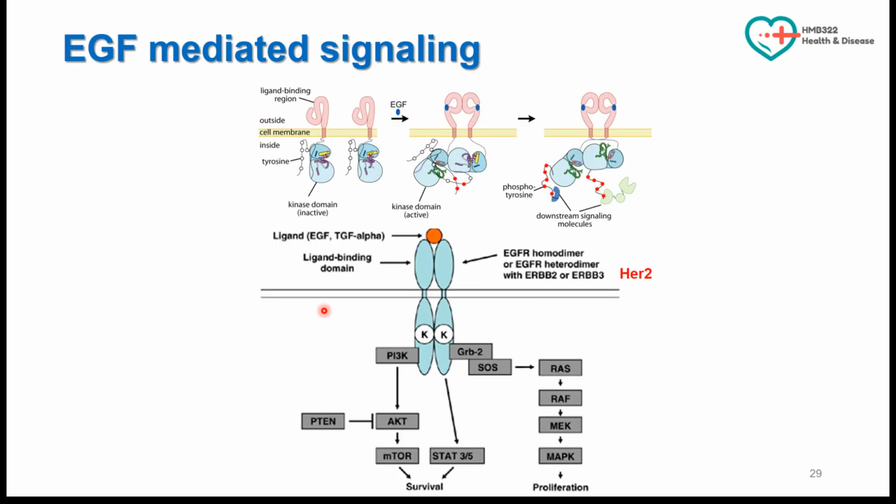So I'm going to just show you this next slide. We're not going to worry about all of the different cell signaling pathways that you see down here. In fact, some of these are molecules you've seen before when we talked about the insulin receptor. The idea is exactly the same, by the way. So here we have the epidermal growth factor receptor. We have one subunit of the EGF receptor, and here's the other one.